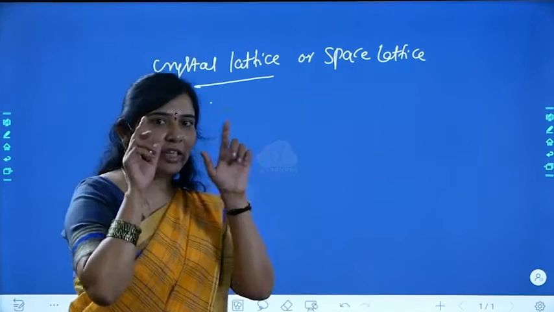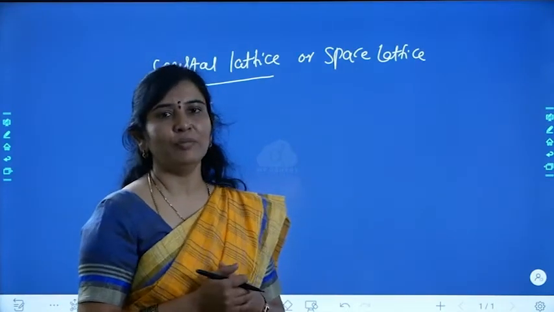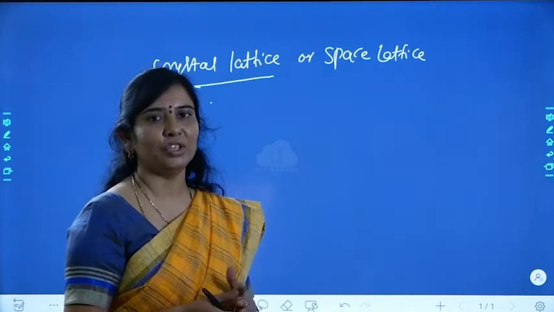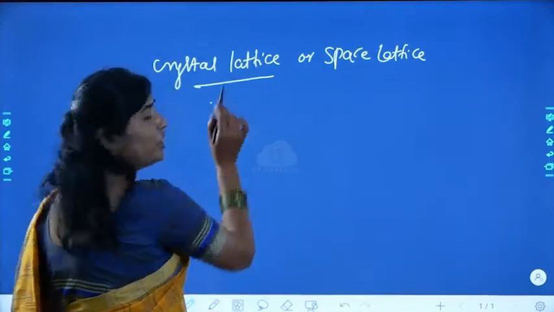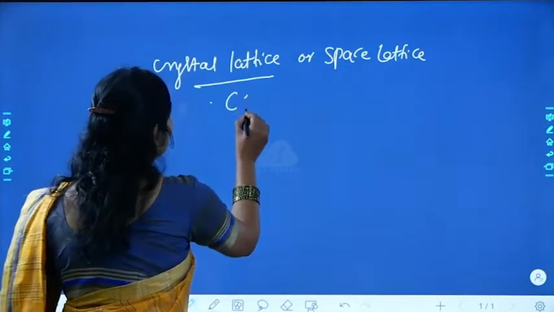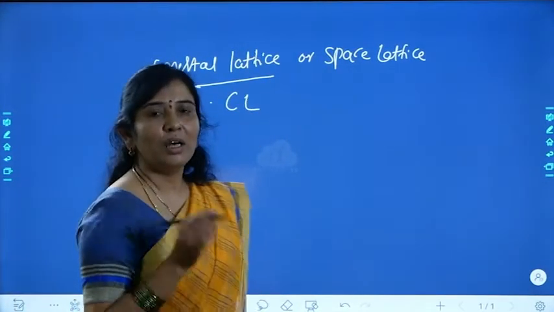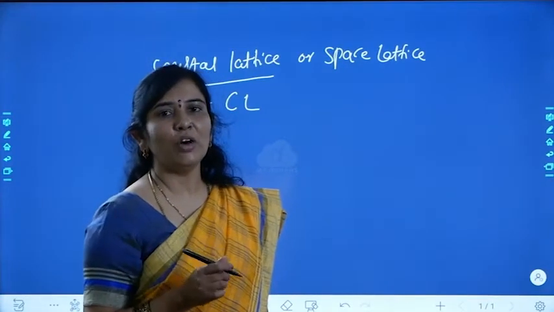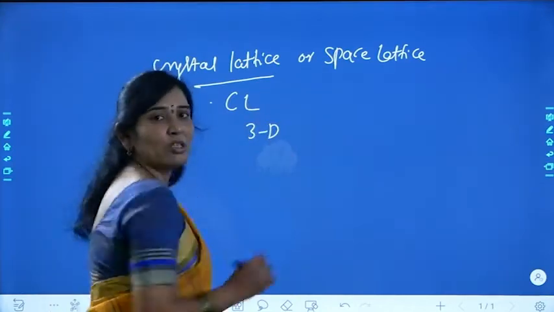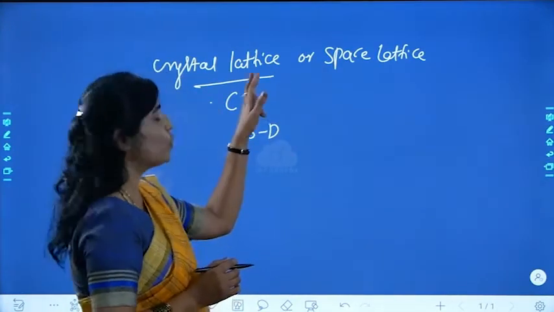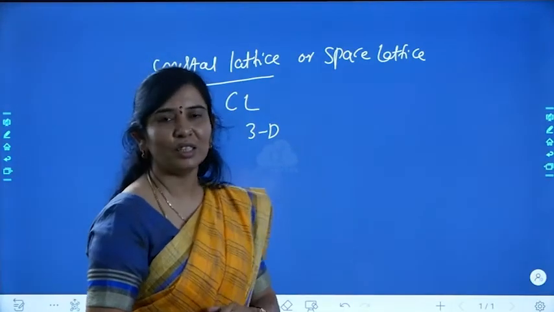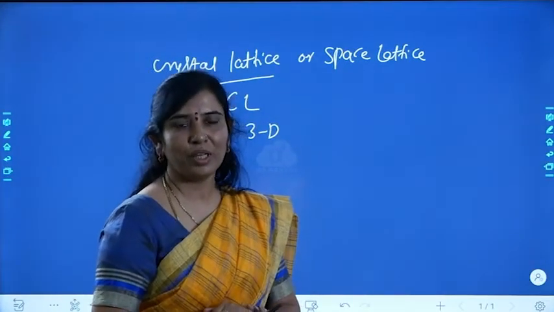In the three-dimensional network form, if all the constituent particles are regularly arranged, such an arrangement is known as a crystal lattice. So crystal lattice means regular arrangement of constituent particles in three-dimensional space. That we call a crystal lattice or space lattice. I hope you understood this, right?